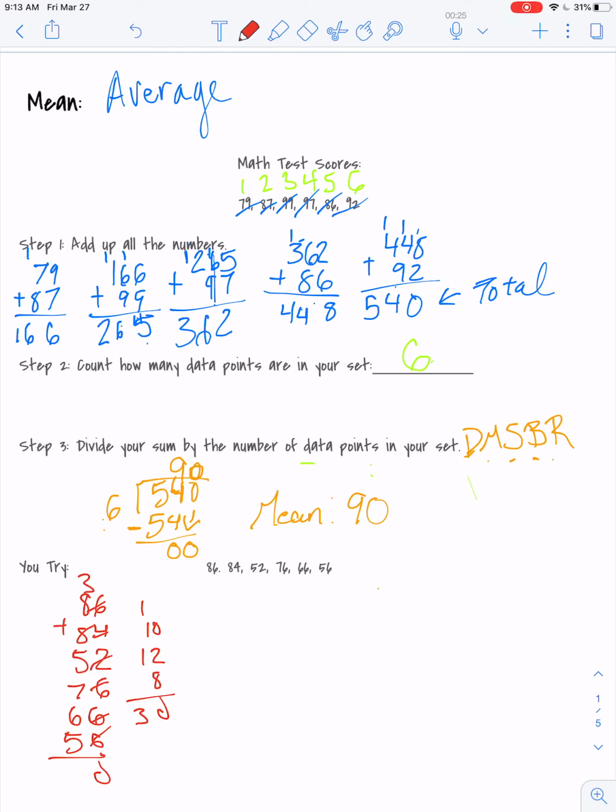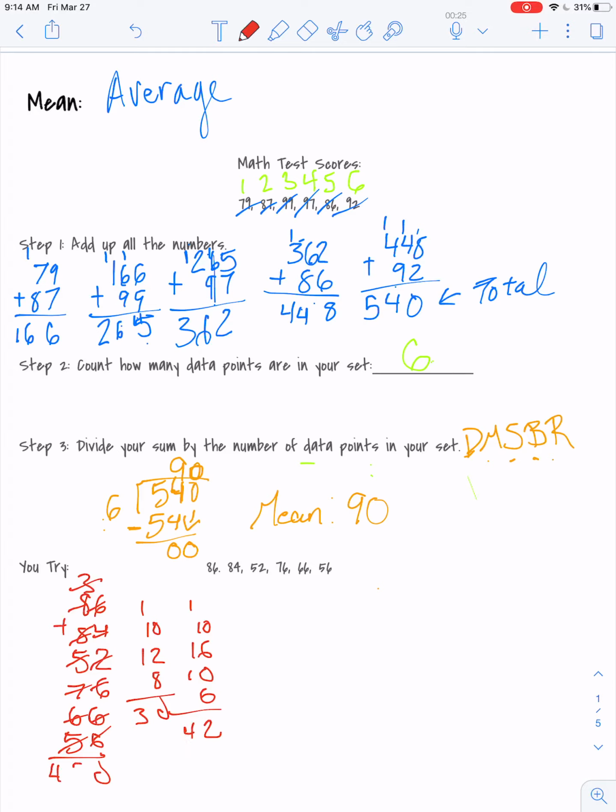Then I have 3 and 7 is 10. 8 and 8 is 16. 5 and 5 is 10. Then I have 6 left. So 6 plus 6 is 12. And I have 4.